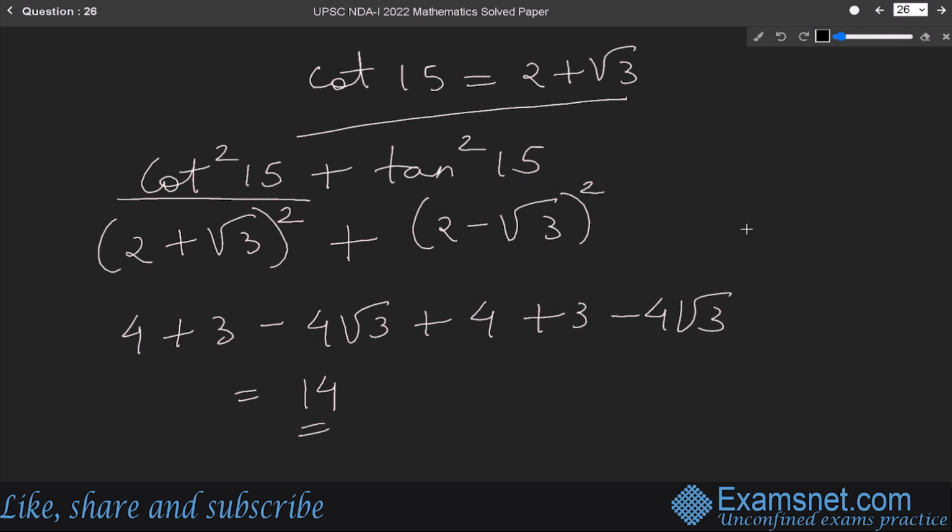So 2 square is 4, root 3 square is 3, and 2ab means 2 into 2 into root 3 will be plus 4 root 3. Again, in this also I have applied the formula of (a minus b) whole square, and I have got these 3 terms, and after simplifying it we get 14. So 14 is the answer for this question.